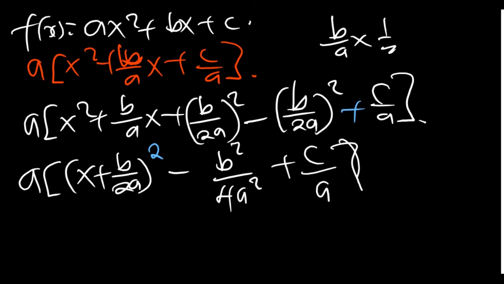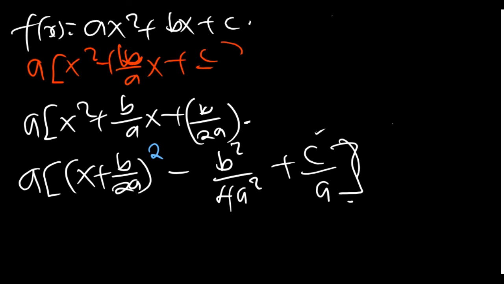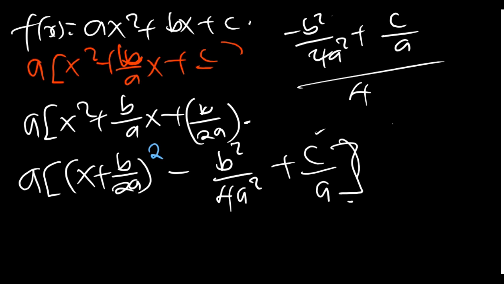Now from here, I need to make this as one thing. I can get rid of this on top here. I have negative b squared over 4a squared plus c over a. The lowest common denominator is going to be 4a squared.